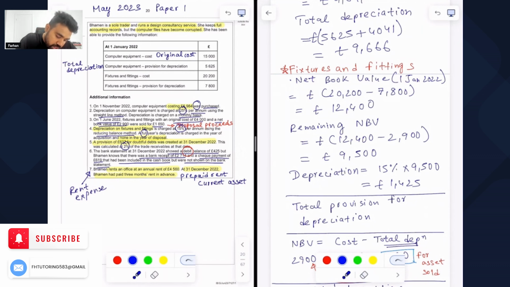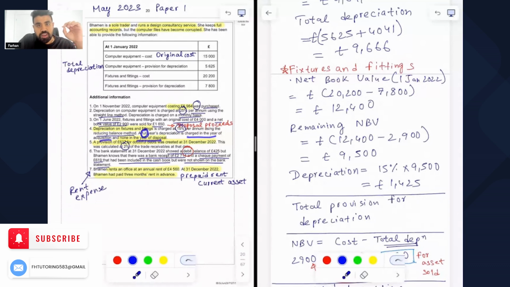If you check information number 3 again, you'll see that the fixtures and fittings we have sold had an original cost of £4,000 and a net book value of £2,900. All right. So the question also says that a full year's depreciation is charged in the year of purchase and not in the year of disposal.